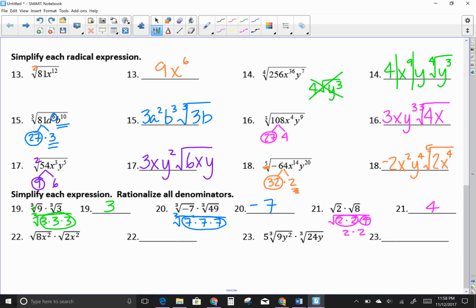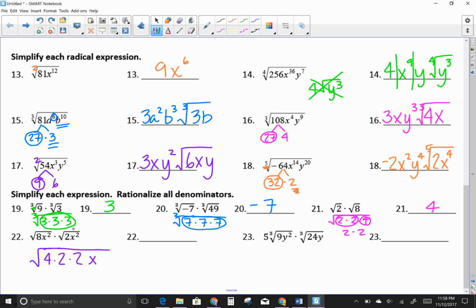Number 22. Okay? Same kind of numbers. Not so good. Anyway, but let's go. So you can do, again, 8 times 2 is a perfect square, so that's fine. So 8 is 4 times 2 times 2. And then how many x's do I have total?